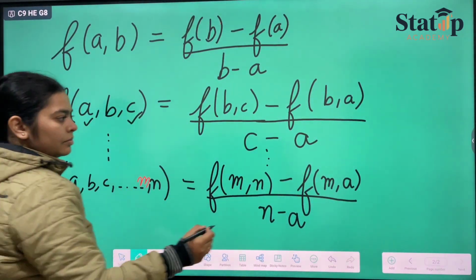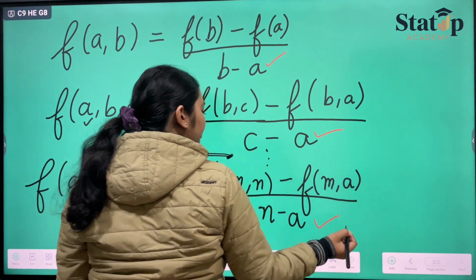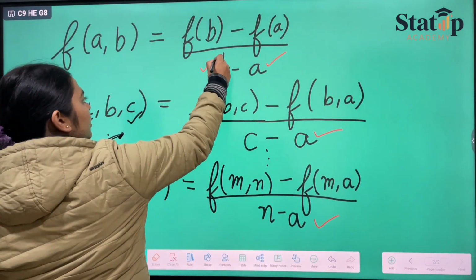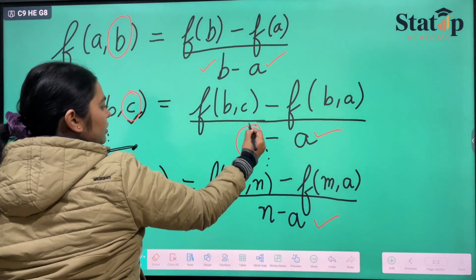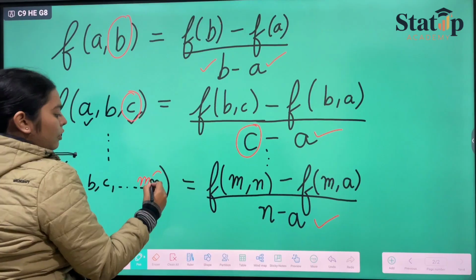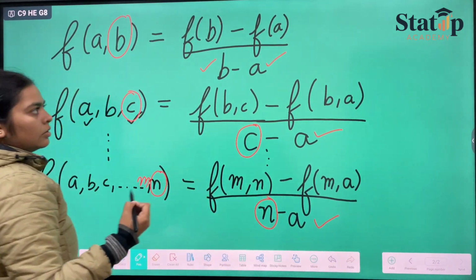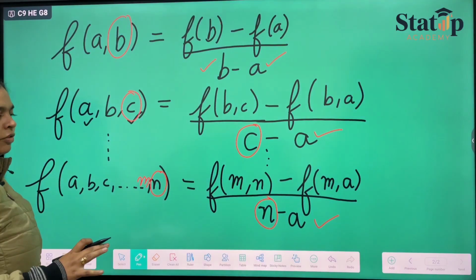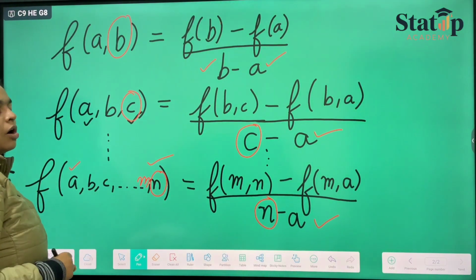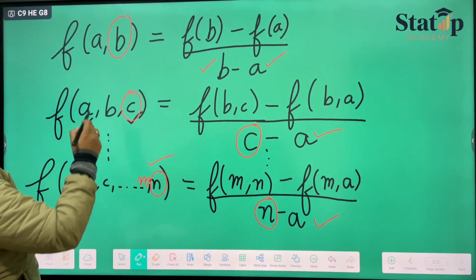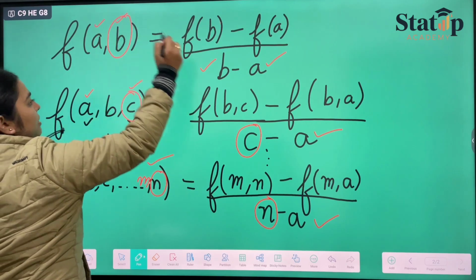The last term will always be the first term in the difference of the divided, and the first term will be the last term. This is the formula, or this is the trick. How do we remember the formula? The last term minus the first term: c minus a, b minus a.